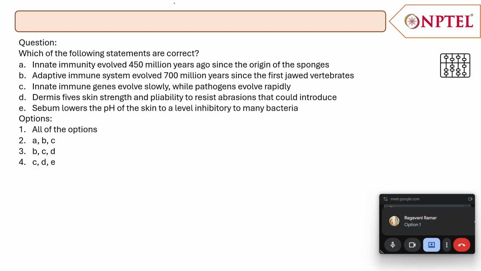Okay, let's see. Innate immunity evolved 450 million years ago since the origin of the sponge. So sponges actually evolved 700 million years ago. Okay, so this statement is false.